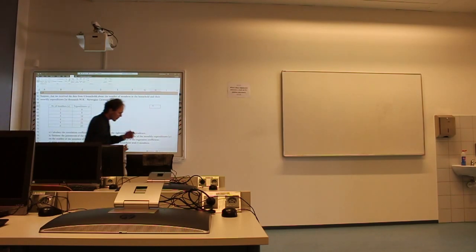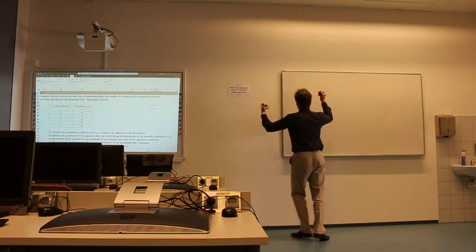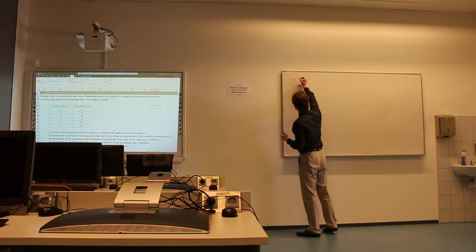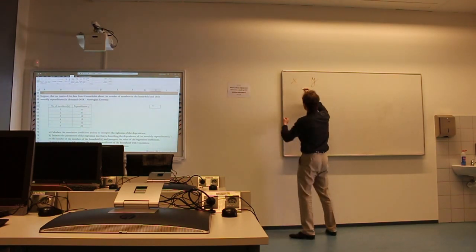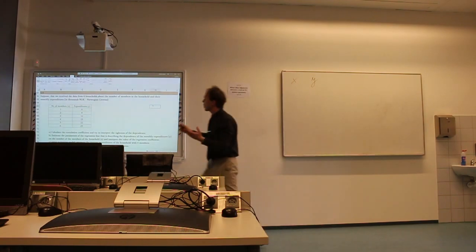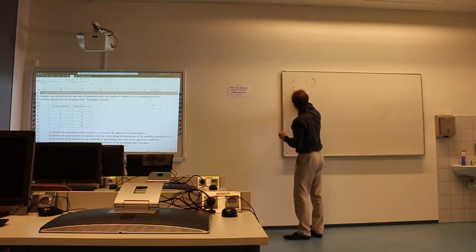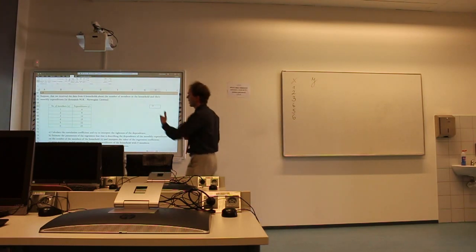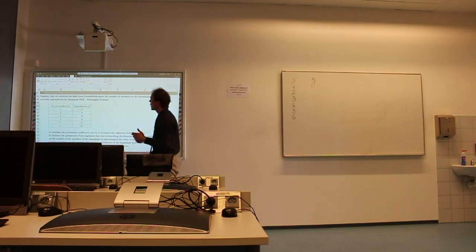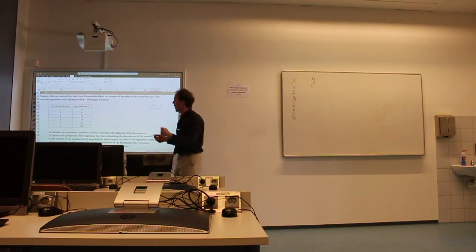So we have two variables, x and y. Variable x is the number of members in the household: 1 member, 2 members, 3, 4, 5, and 6. And y is monthly expenditures in thousands of Norwegian crowns.